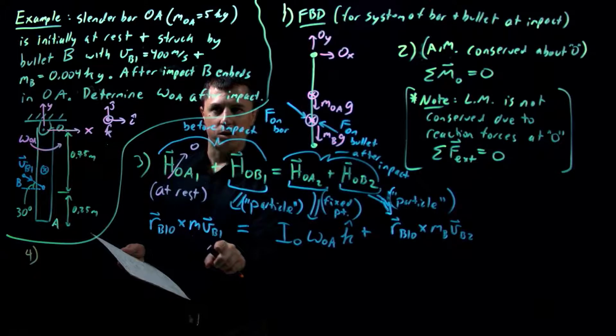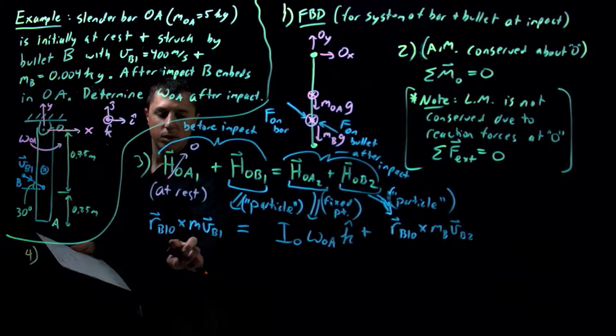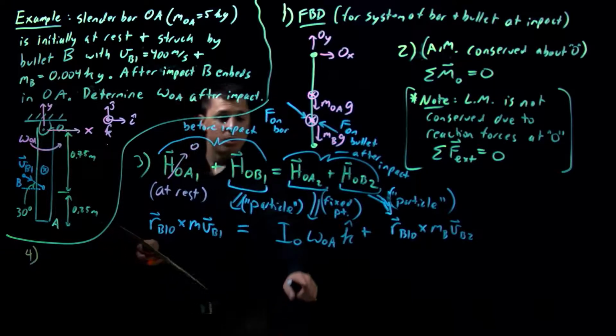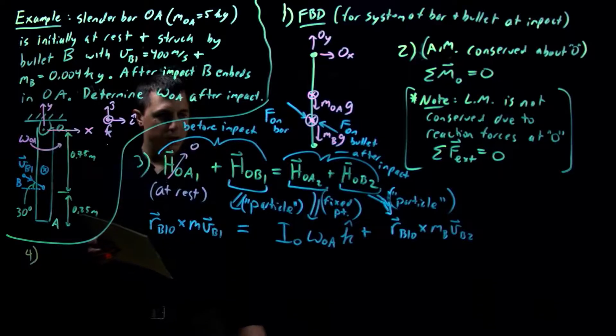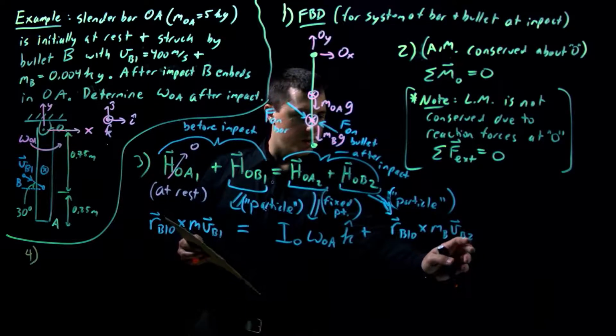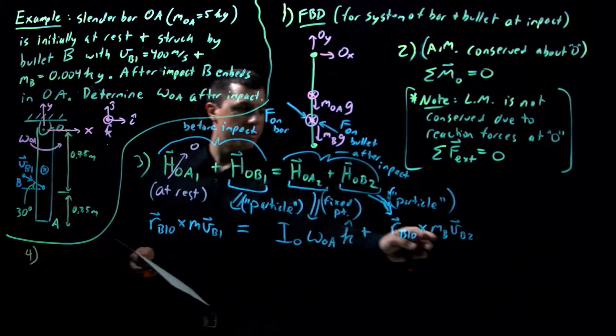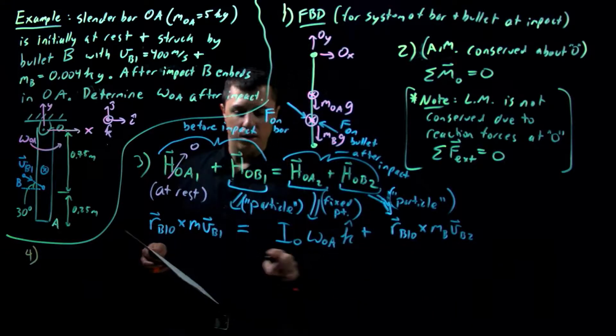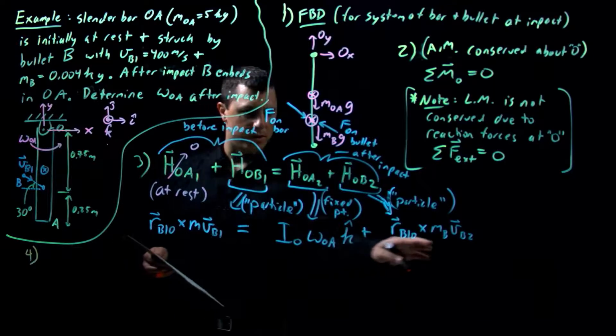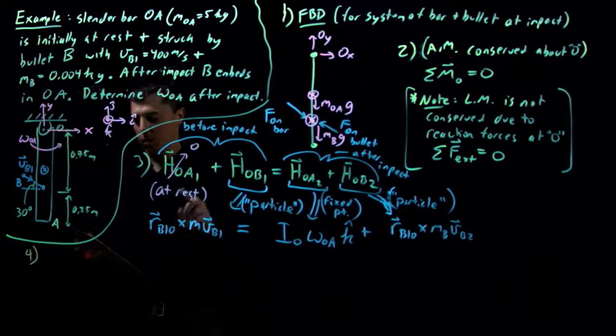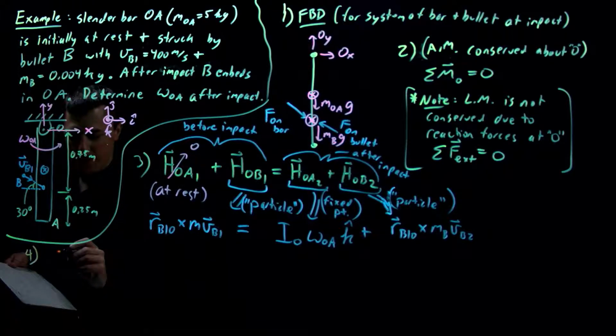We're going to need the components to do this cross product. We'll need the moment of inertia for the slender bar, and if we want to solve for omega A, we need to relate this to omega A. I think everything else is specified directly. All right, so we basically have 4 things to determine.